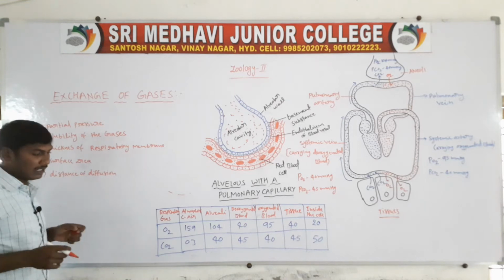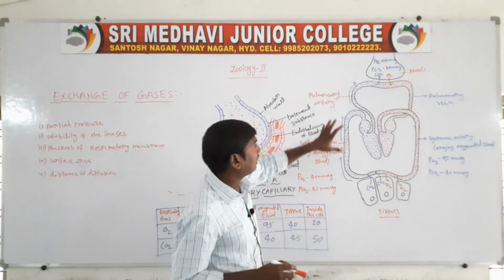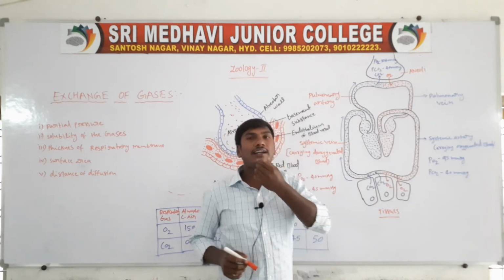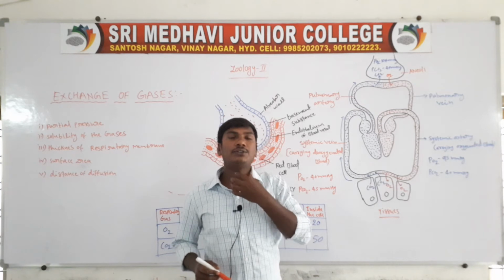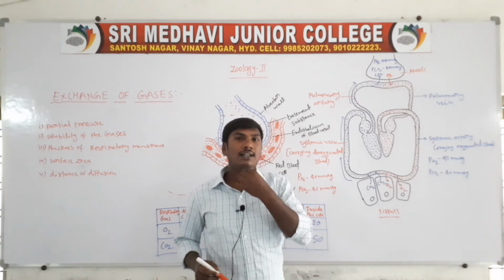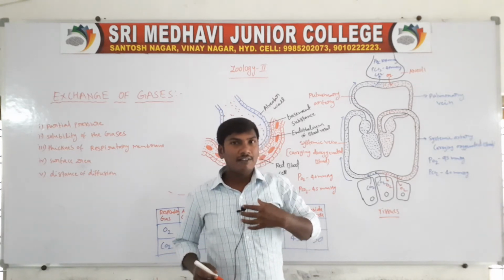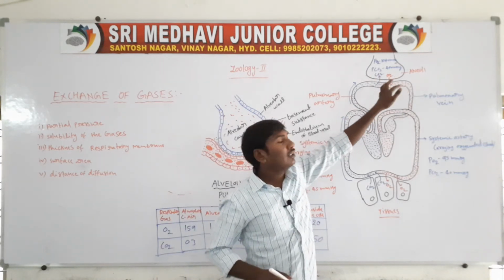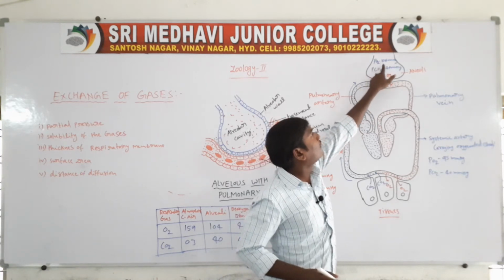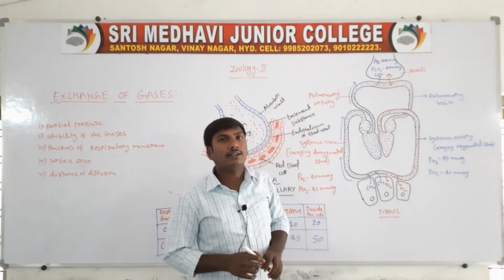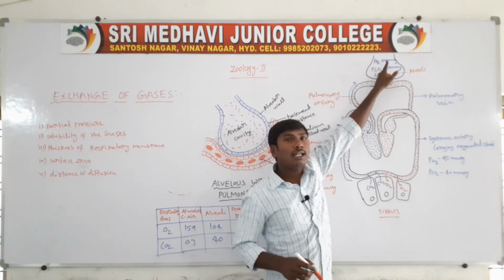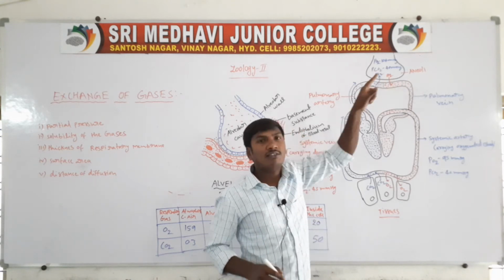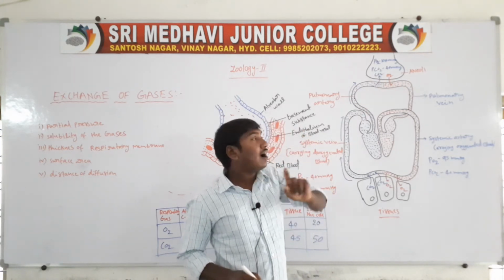Next, we see the diagram of the transport of the gases and the diffusion process. First, air is taken in from the nasal chamber, larynx, trachea, bronchi, and bronchioles to finally reach the alveoli of the lungs. In the alveoli, the partial pressure of O2 is 104 mmHg and the partial pressure of CO2 is 40 mmHg.